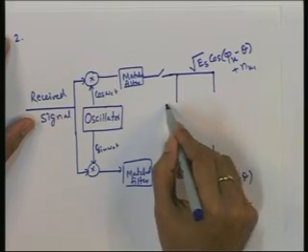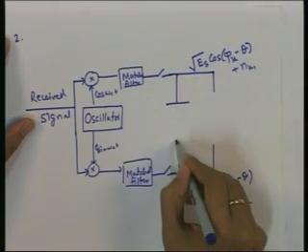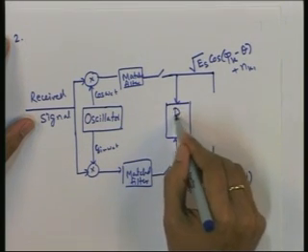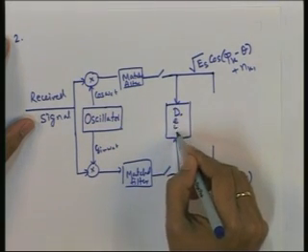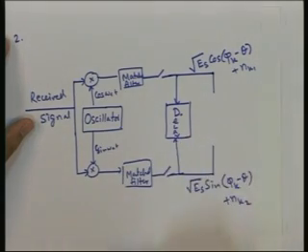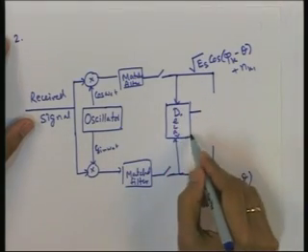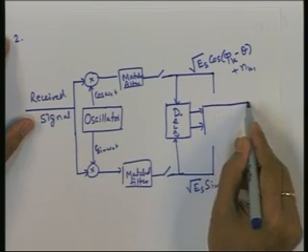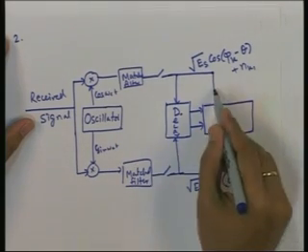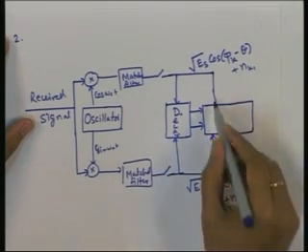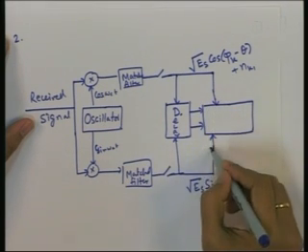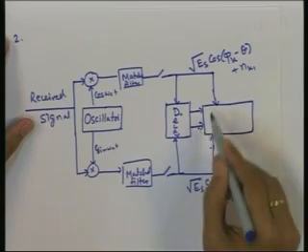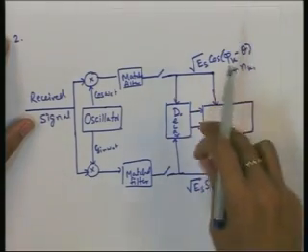So we delay both these, pass through a delay, and then this comes here after delay, and so we have the present received vector here and the previous received vector here, and we compare the phase between these two vectors.